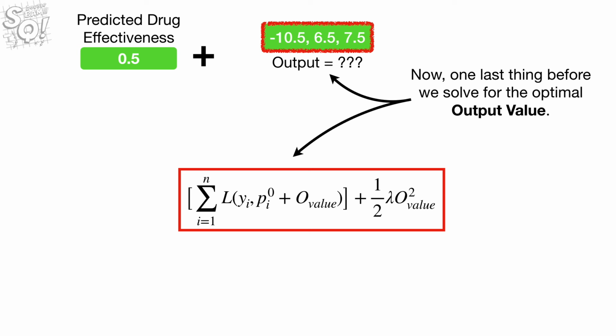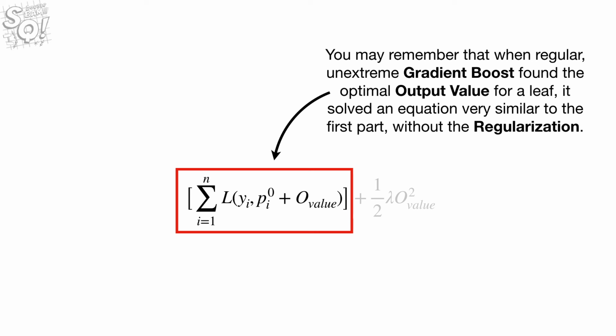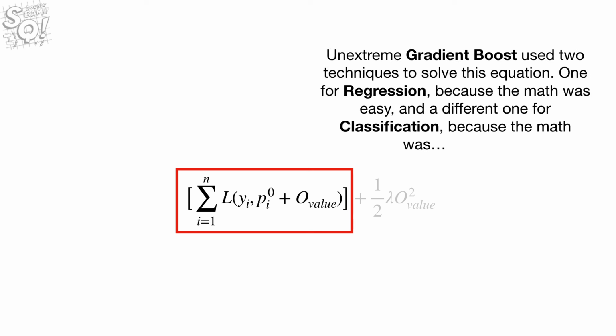Now, one last thing before we solve for the optimal output value. You may remember that when regular unextreme gradient boost found the optimal output value for a leaf, it solved an equation very similar to the first part without regularization. Unextreme gradient boost used two techniques to solve this equation.